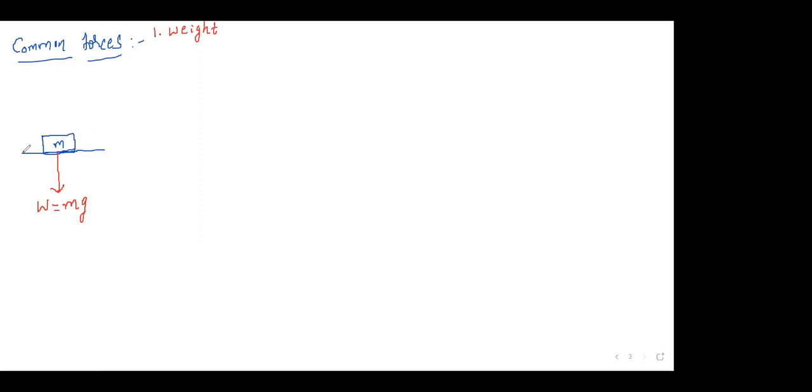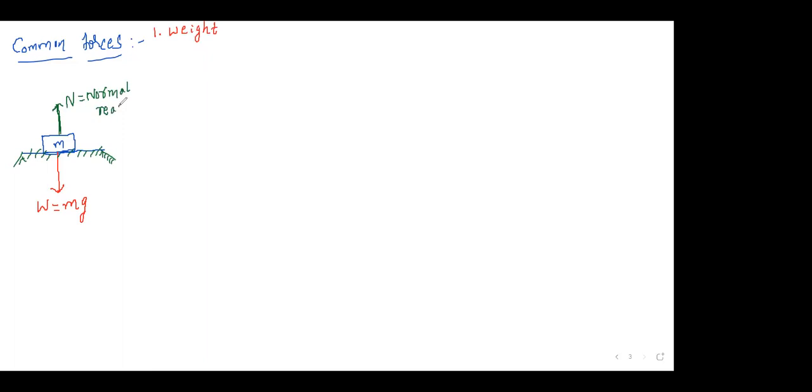Now, because of this support, because of this surface, this body is not moving down. This body is going to get balanced by another force which acts perpendicular to that surface, that is denoted with N. That N is called the normal reaction.